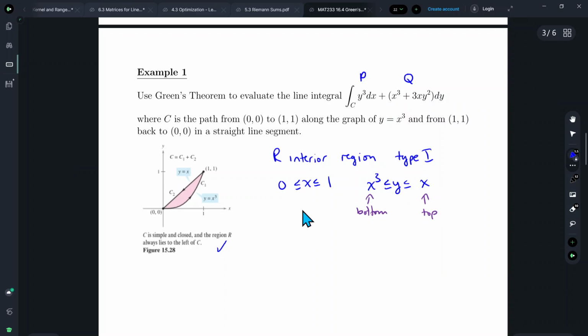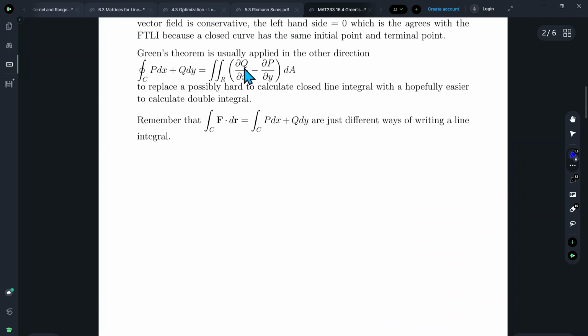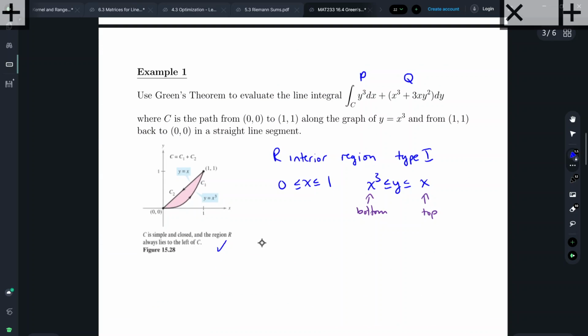Again, before we can apply Green's theorem, we have to calculate some partial derivatives, right? So we need the partial of Q with respect to x and the partial of P with respect to y. Okay, so what is the partial of Q with respect to x? So the derivative of x cubed is 3x squared, and then the derivative of 3x is just 3, and then the y squared just stays there because we're differentiating with respect to x, and then here the derivative of this with respect to y is just 3y squared.